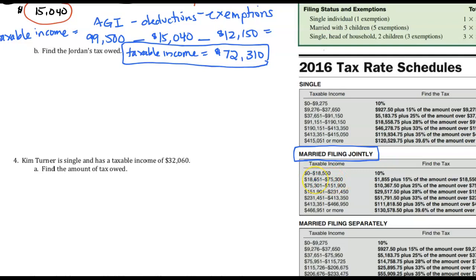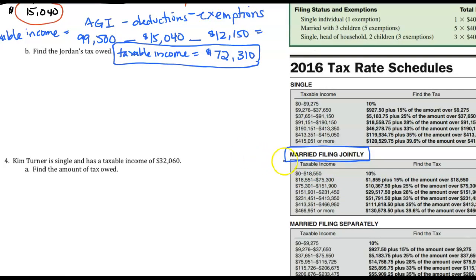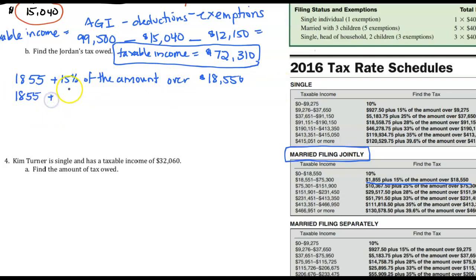And the second row says that our tax is $1,855 plus 15% of the amount over $18,550. Now this becomes our equation. $1,855, 15% is our decimal 0.15.